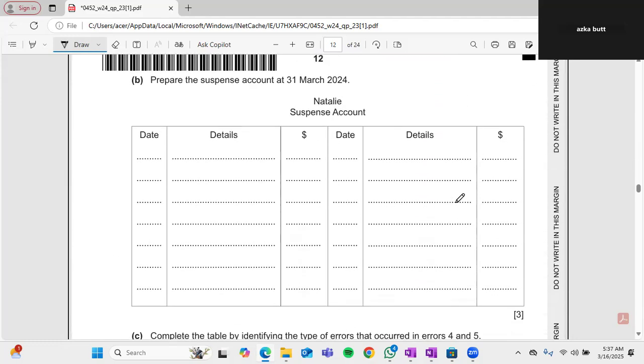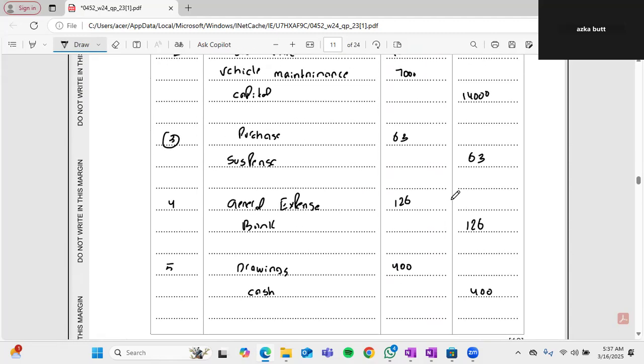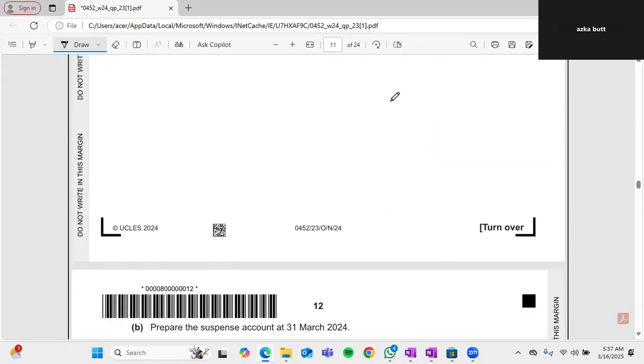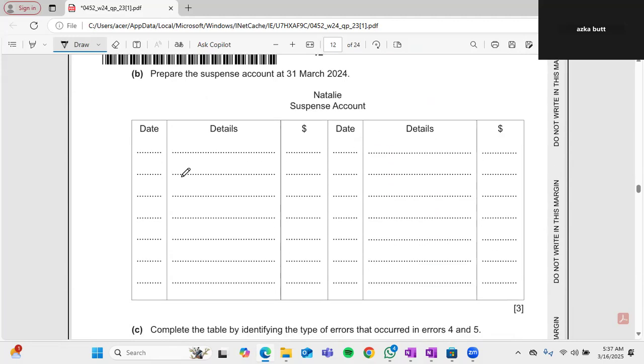Now we have to make the suspense account. First of all, Sarah is credit and suspense is debit. So we have to write it here. Suspense is debit.